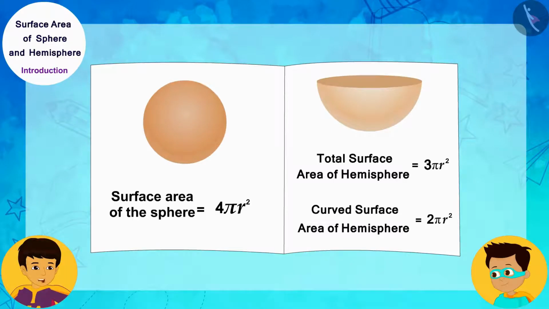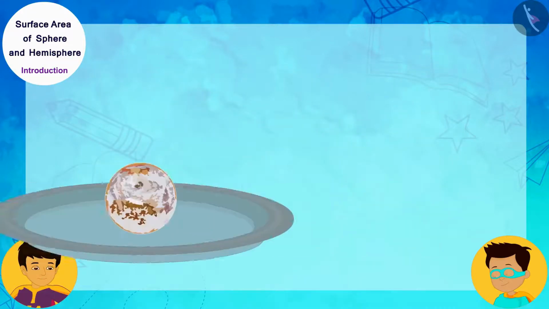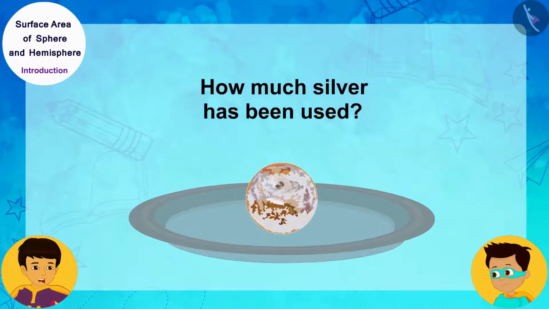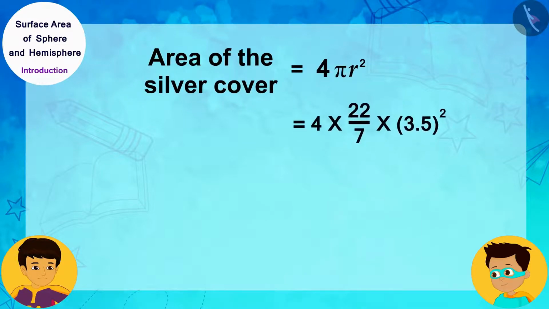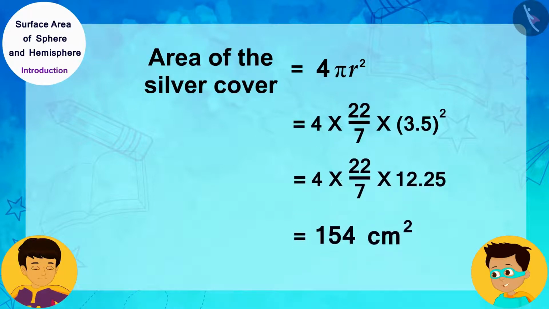You forgot all about your original question in the whole sphere and hemisphere discussion. Come on, now quickly find out how much silver has been used to cover this spherical suite. Oh yes. I will solve this quickly by writing the radius of the spherical suite, 3.5 centimeters, instead of r in the formula for the surface area of this sphere.